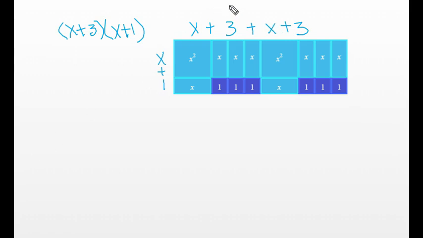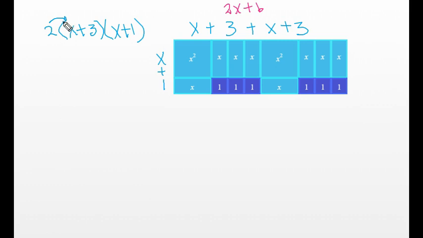So altogether, this is 2x plus 6, and the left side is still x plus 1. If we look at the original dimensions, the x plus 3 times x plus 1, that's written here. But now the new quilt, I have 2 of the x plus 3's. So I doubled: 2 times x plus 3 times x plus 1.